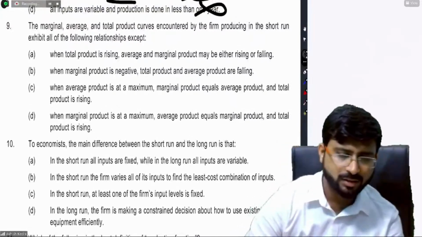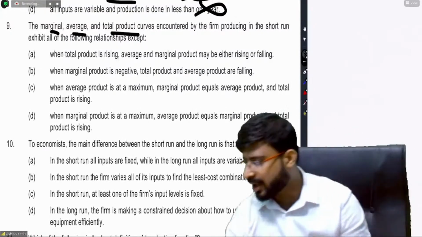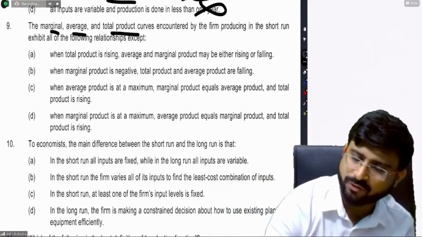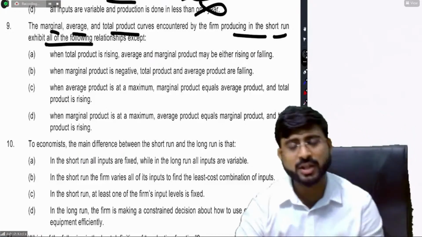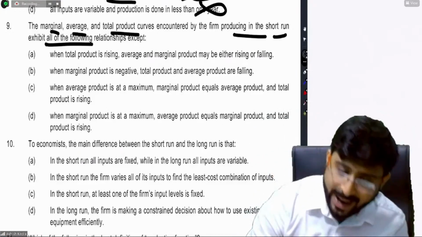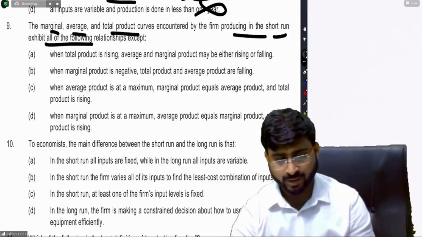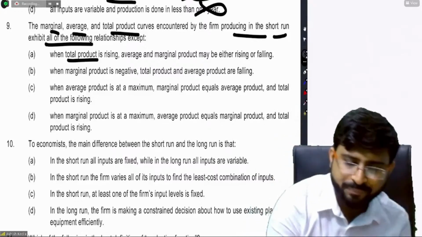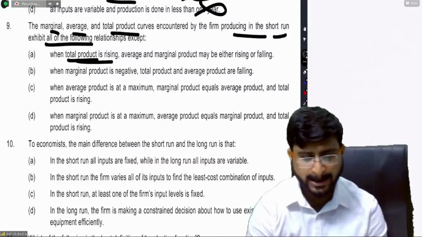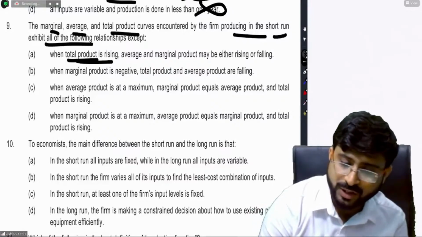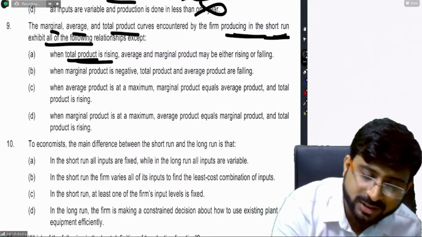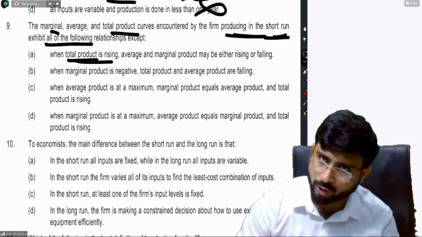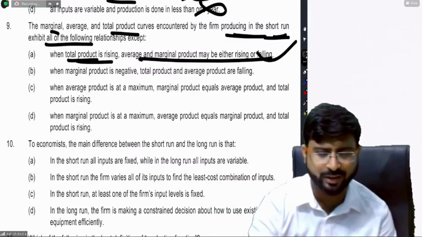Next, the marginal, average and total product curves. Very good. We have done this. The curves encountered by a firm producing in the short run exhibit all the following relationships except... So some of the statements here are true, only one is not true. When TP is rising, yes, this is correct.